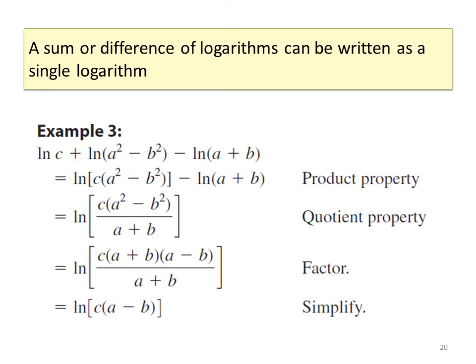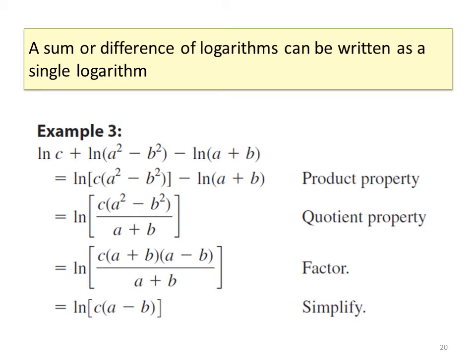The sum or difference of logs can be written as a single logarithm using the same rules. As we see that the log of the product is equal to the sum of the logs, using the same formula, the sum of the logs can be written as one log, as the log of the product. But these formulas can be used in both directions.